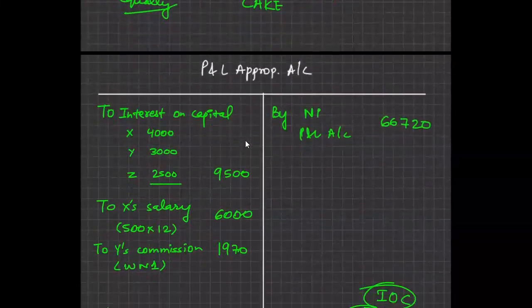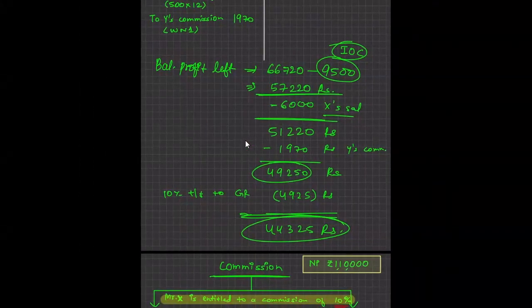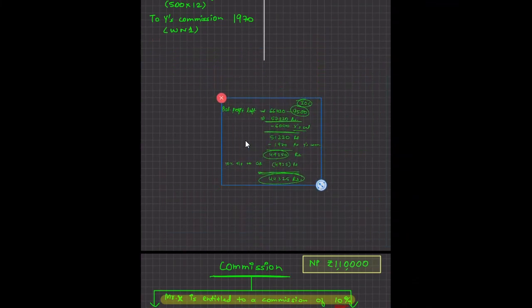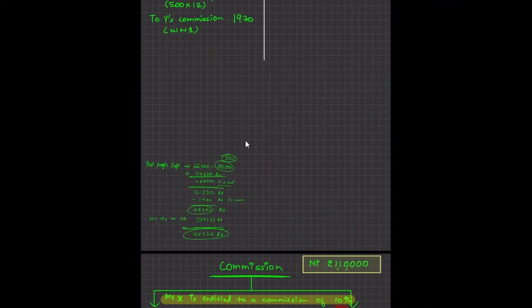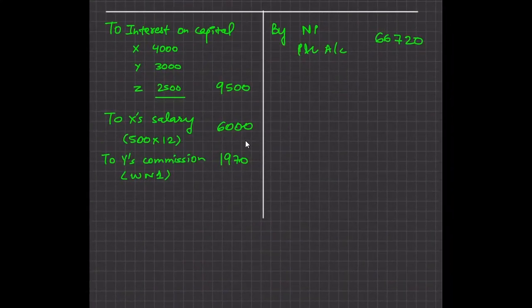So for transferring it to general reserve, what we need to do? Just let me reduce the size of it. For transferring the profit to the general reserve, what we need to do?